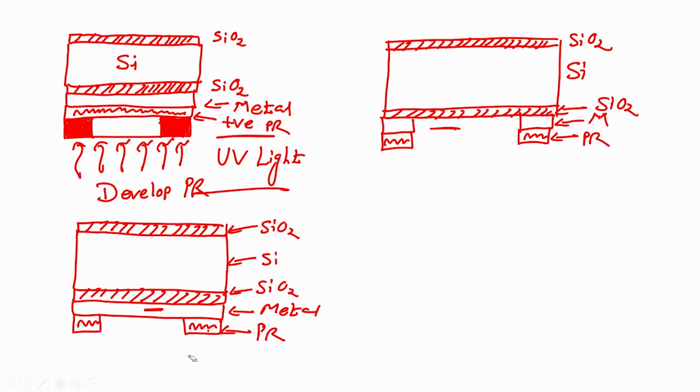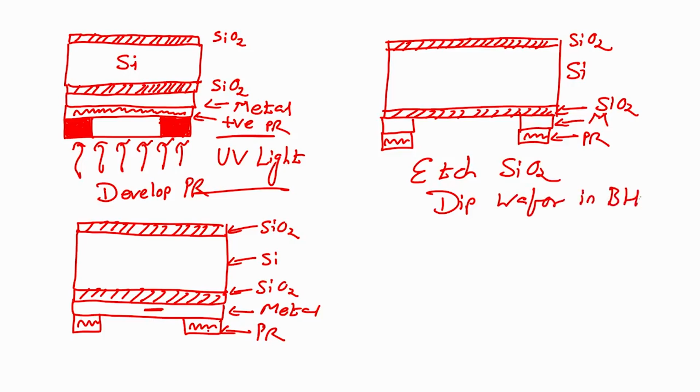After this what will I do? I will etch SiO2. For etching SiO2 I can dip this wafer in buffer hydrofluoric acid, BHF. Why? Because BHF is an SiO2 etchant. If I dip this wafer in BHF, what will I have?